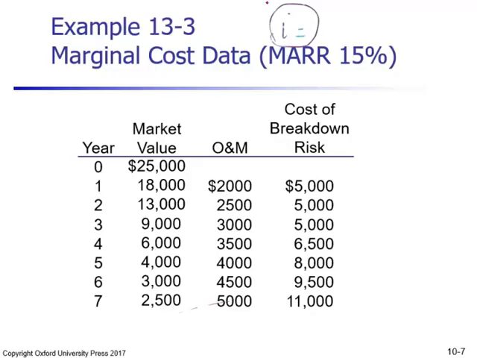So here in this column, go ahead and calculate the marginal cost. Marginal cost, and it starts from year 1. So marginal cost for year 1, year 2, 3, 7, and like that. Stop the video and good luck with your exercise.